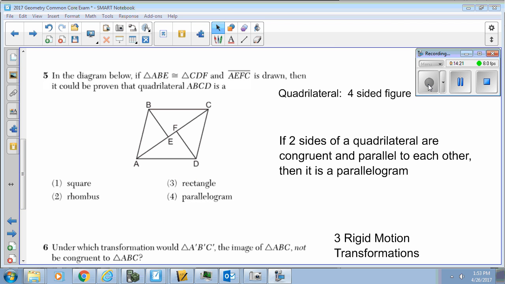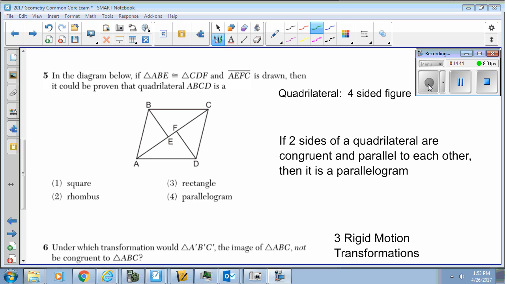Okay, it says in the diagram below, if triangle ABC is congruent to triangle CDF and line segment AEFC is drawn, then it could be proven that quadrilateral ABCD is one of these. Okay.